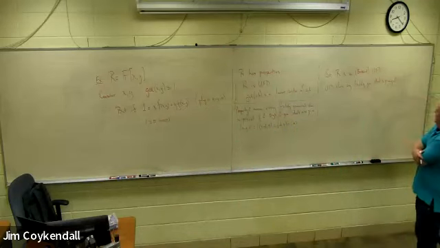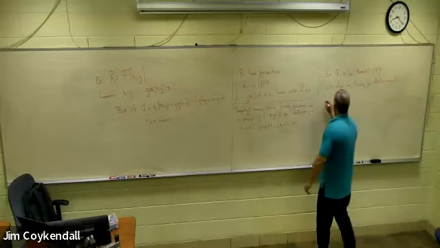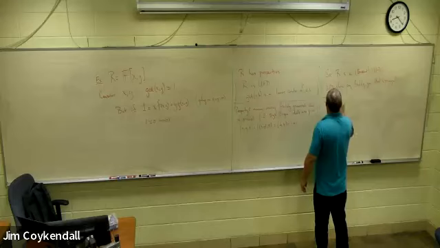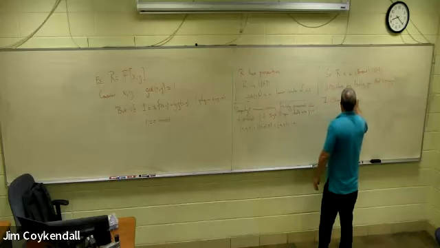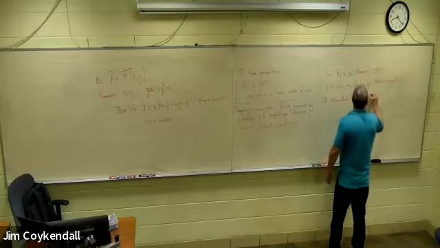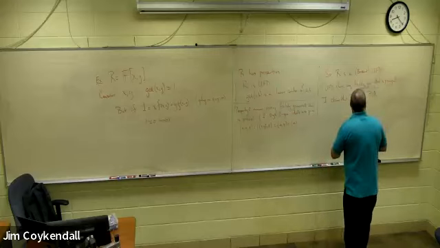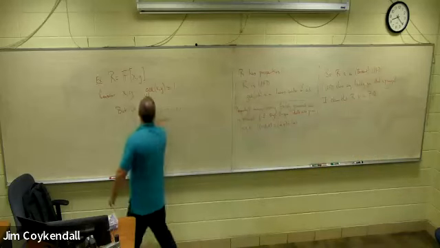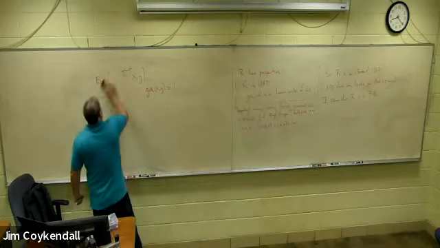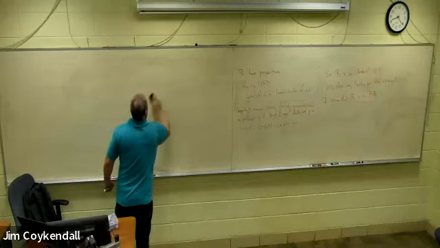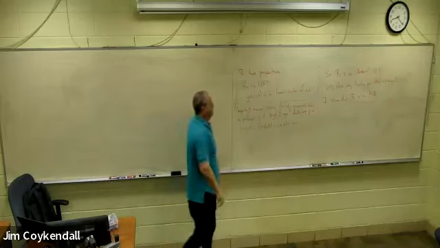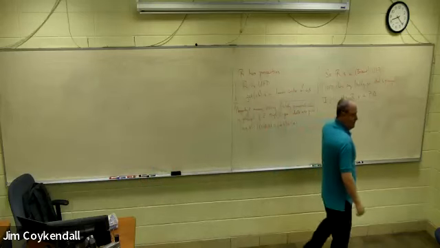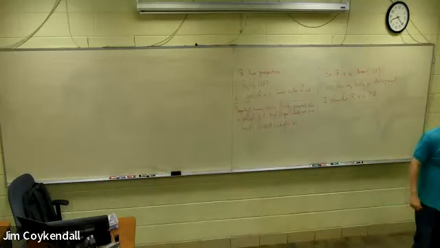So I claim that actually this is a principal ideal domain. So how are we going to show this? It's enough to show it's Noetherian, right?